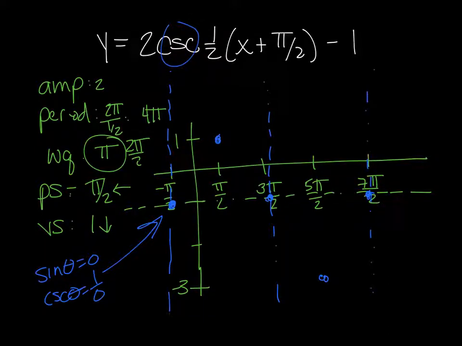Okay, so now all of a sudden we've got all kinds of asymptotes in our graph, which means also that our graph is going to go on forever hugging the asymptote. Now if you remember, let me do this in green. Normally sine went like this, right? Normally sine went that way. However, this is the reciprocal. So where our graph was normally going up, now it needs to be going down.